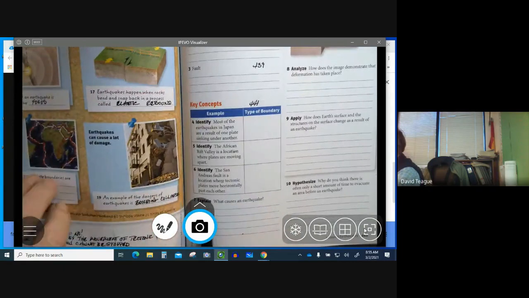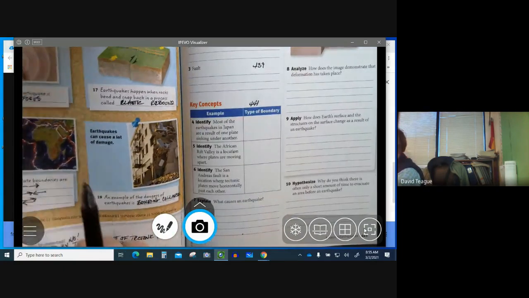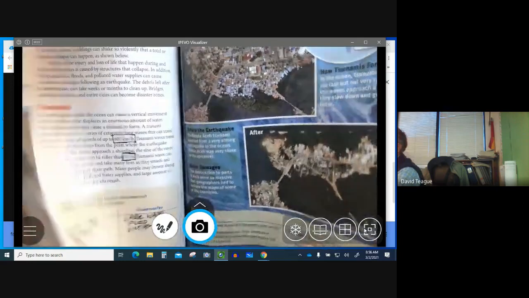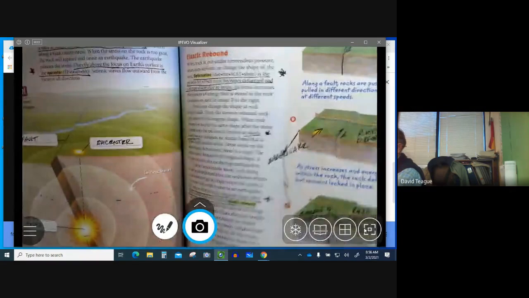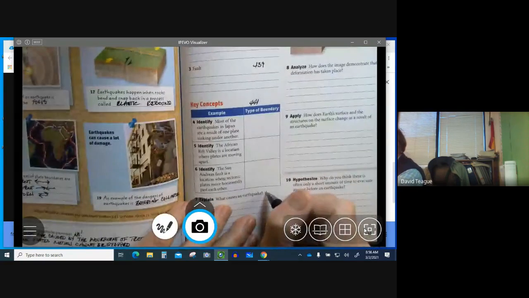Number 7, explain what causes an earthquake. That's on page 438.